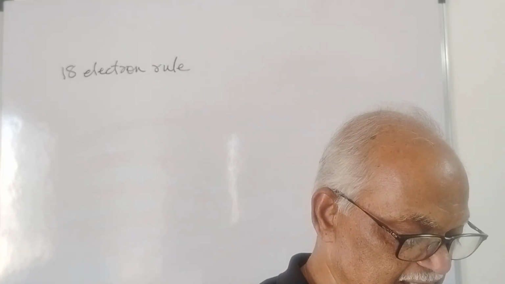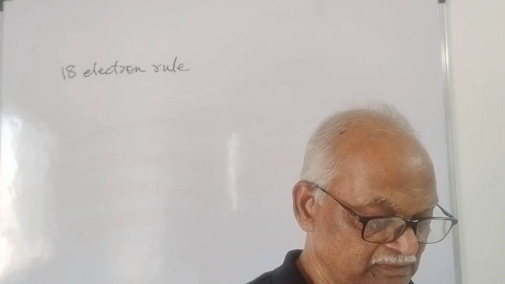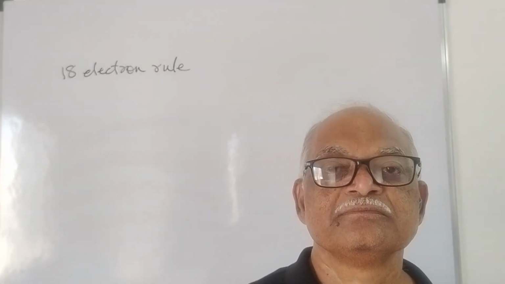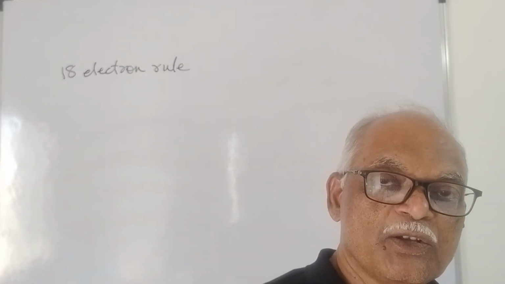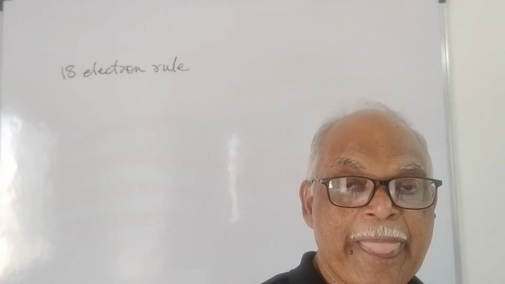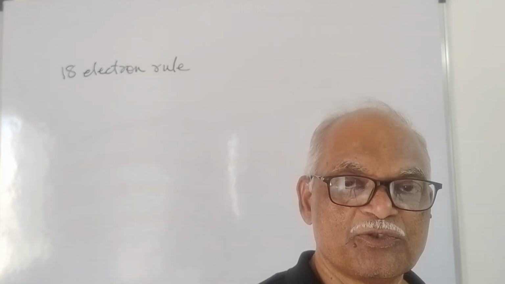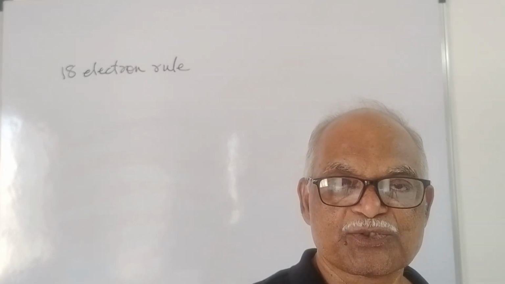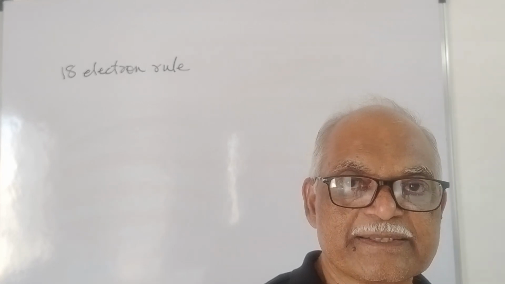So this is very simple. If the complex is stable, the sum of these electrons comes out to be 18. But if the complex is unstable, the sum of these electrons will be less, it may be 17, 16, like that. Counting of electrons by the 18 electron rule is suitable to predict the stability of the complex as well as the structure of the complex.